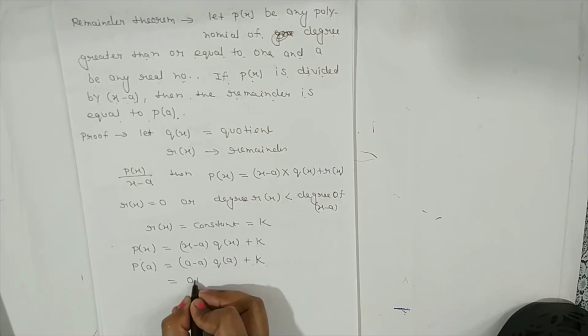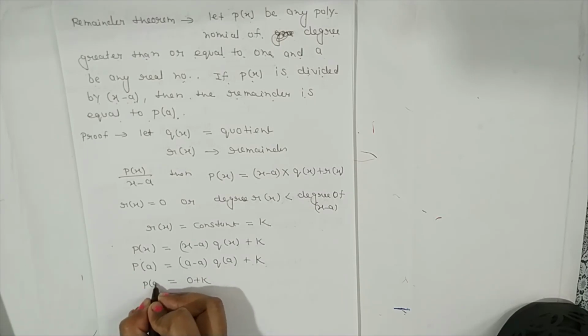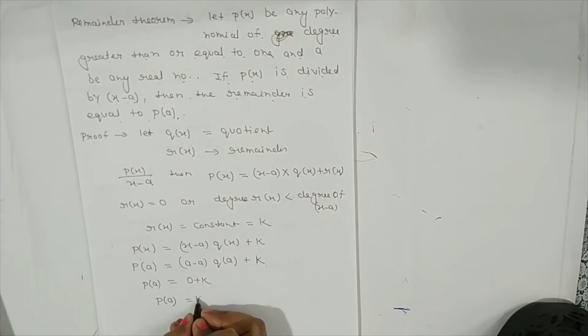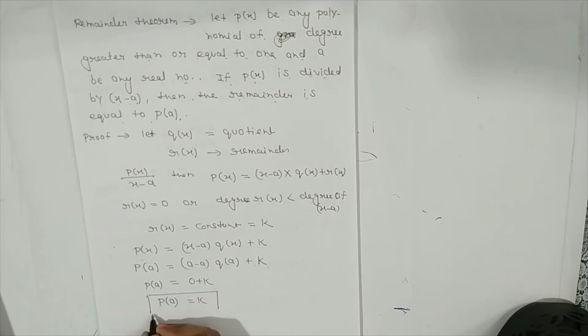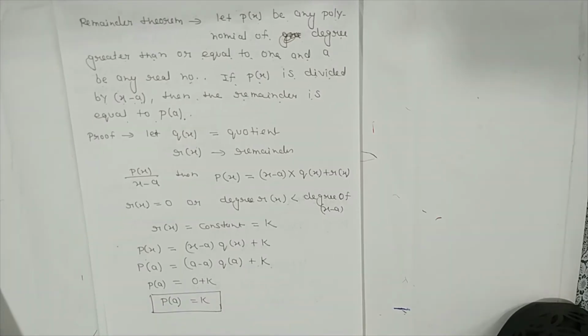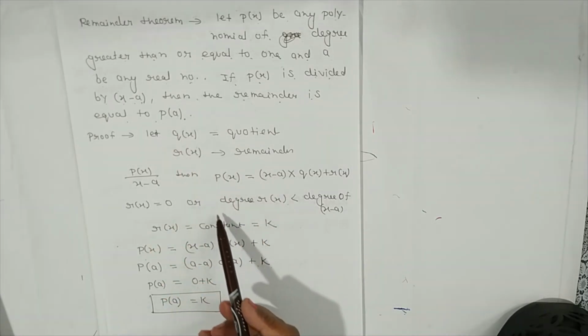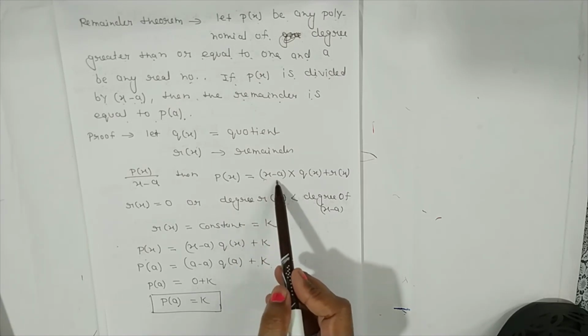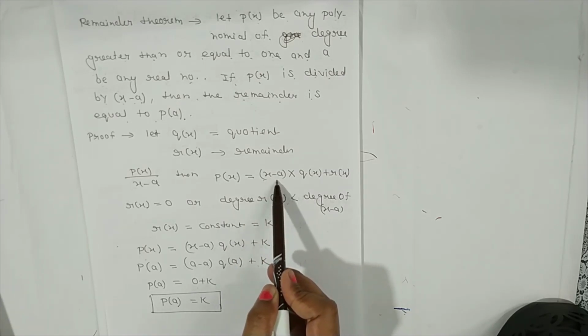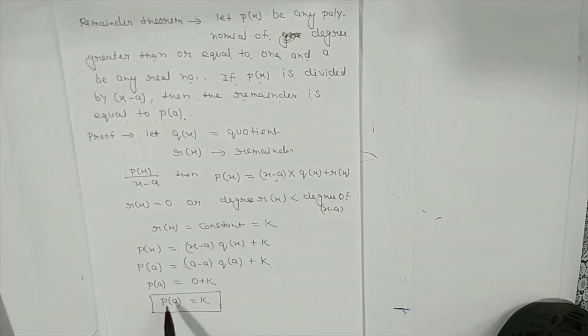So 0 plus k is equal to p of a. So p of a is equal to k, that is the constant value. Hence when p of x is divided by x minus a, the remainder is p of a, the value of p of x on putting a in place of x.